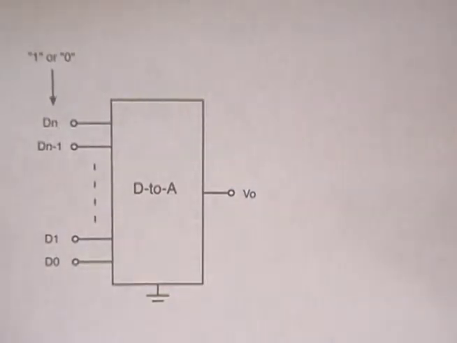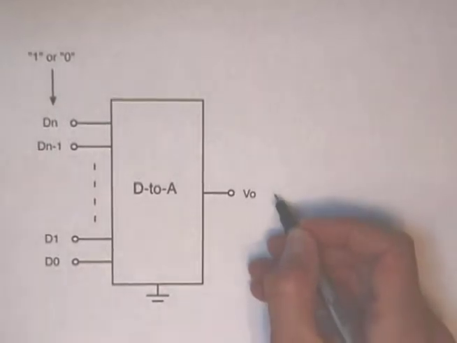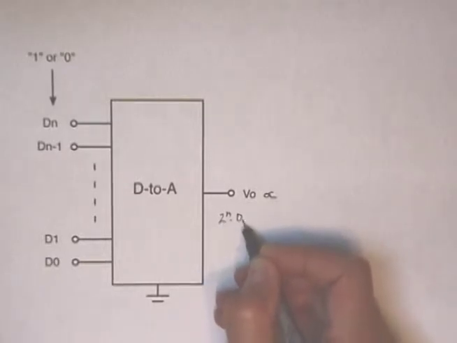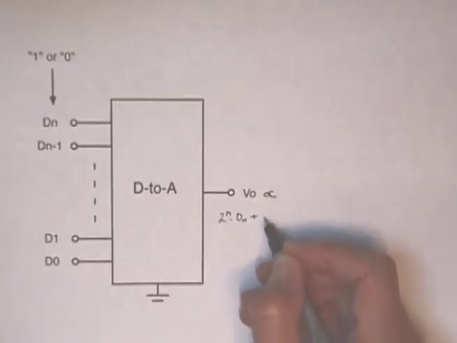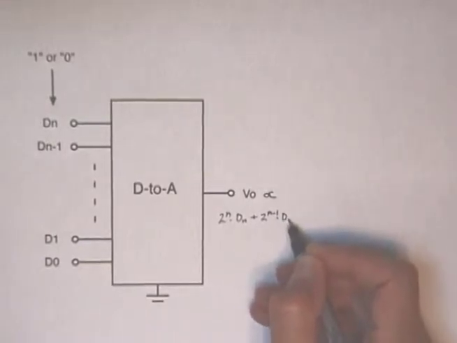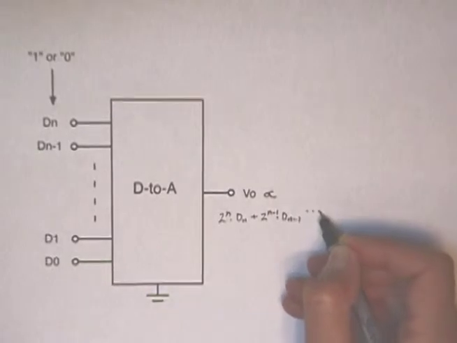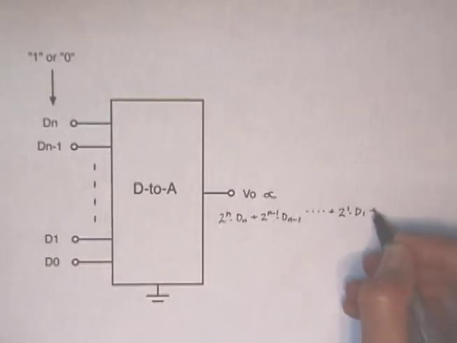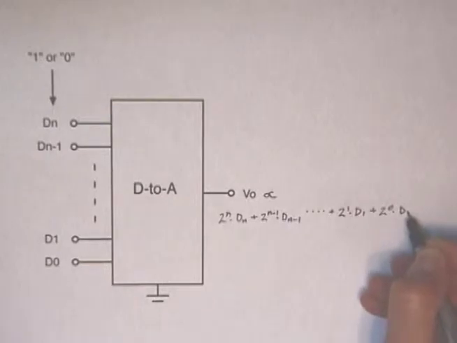The analog output that I want to generate from these digital inputs is VO proportional to 2 to the n times dn, plus 2 to the n minus 1 times dn minus 1, plus 2 to the 1 times d1 plus 2 to the 0 times d0.